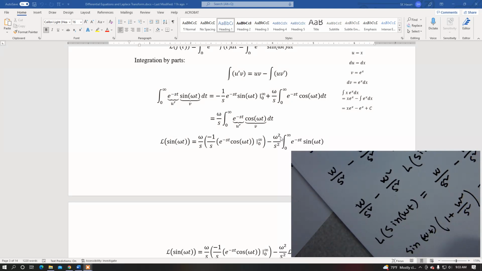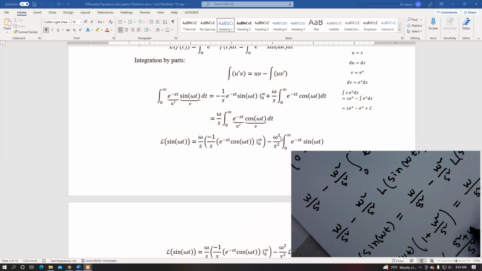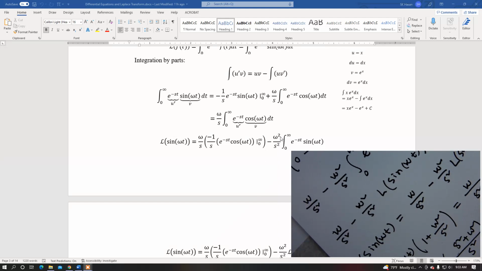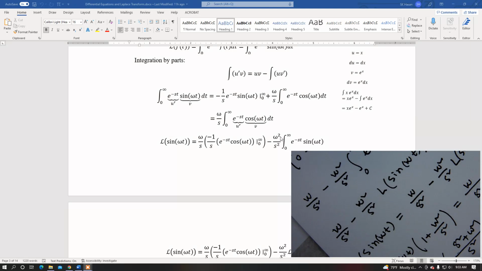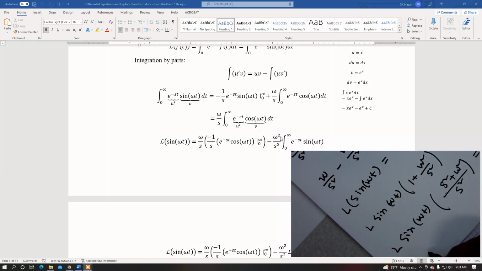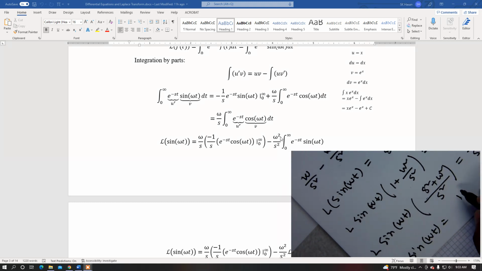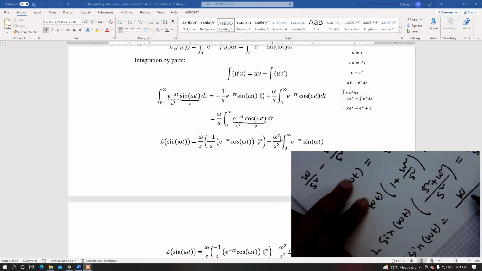Multiplying by s square, s square plus omega square times the Laplace transformation equals omega, so the Laplace transformation of sine omega t equals omega over s square plus omega square.